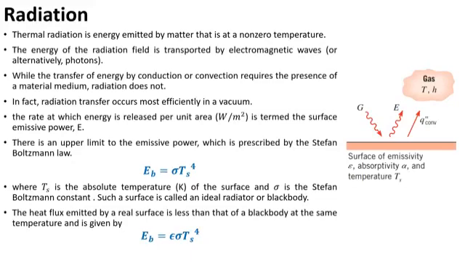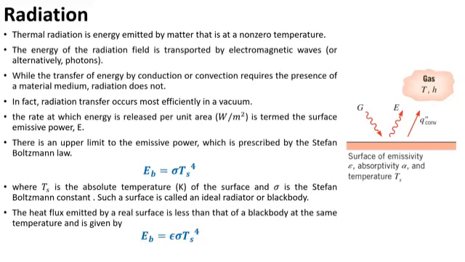But a real body emits radiation less than the black body, and the emissive power of the real body is given by E equals epsilon sigma T_s power 4, where epsilon is known as the emissivity of that body.